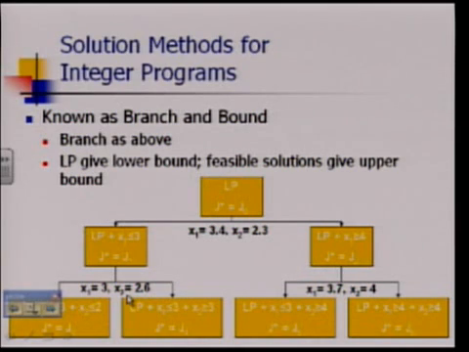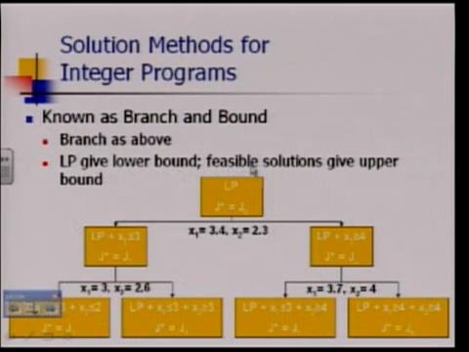In this particular example, we can actually do this branch and bound. And the idea is that every time you solve a problem by looking at the relaxed linear program, you can always find a lower bound.